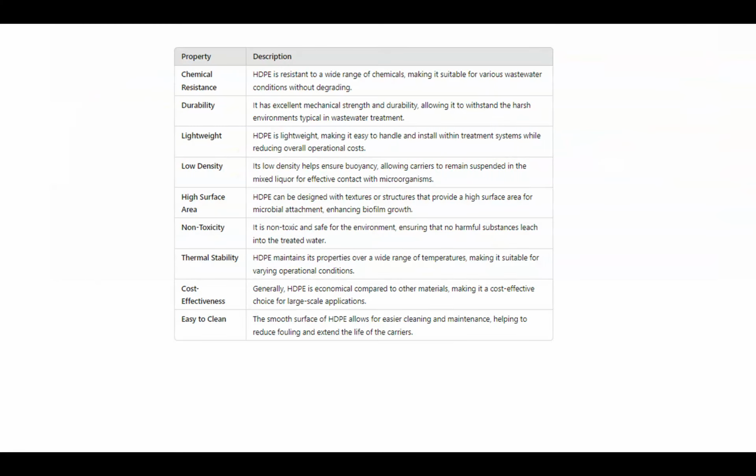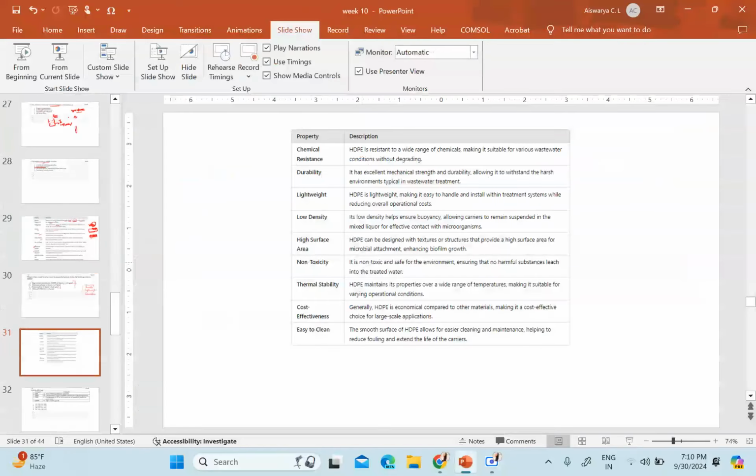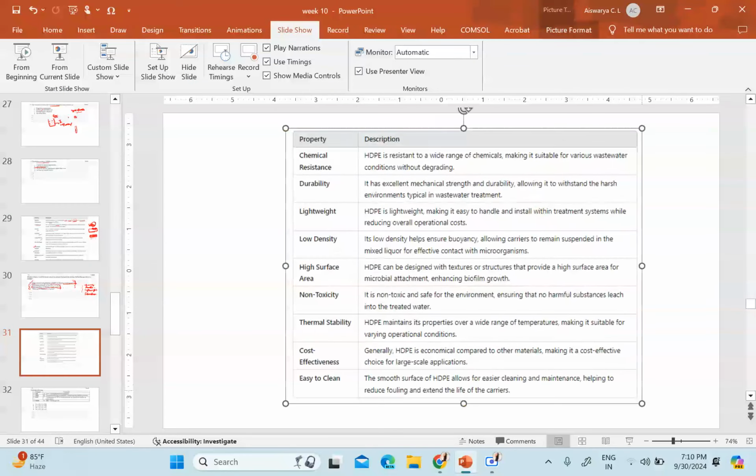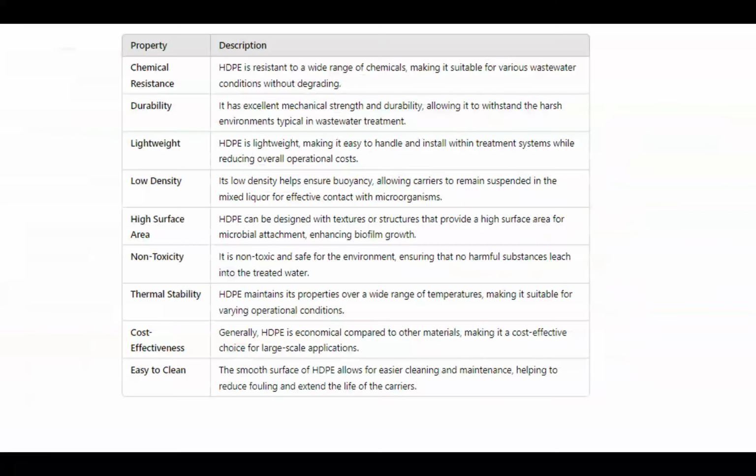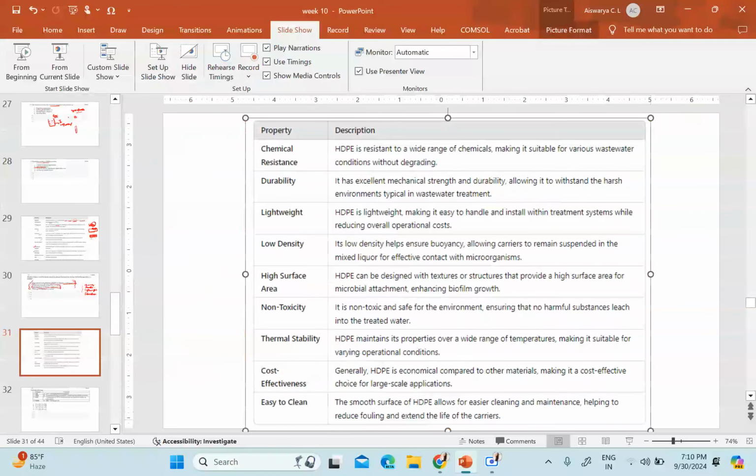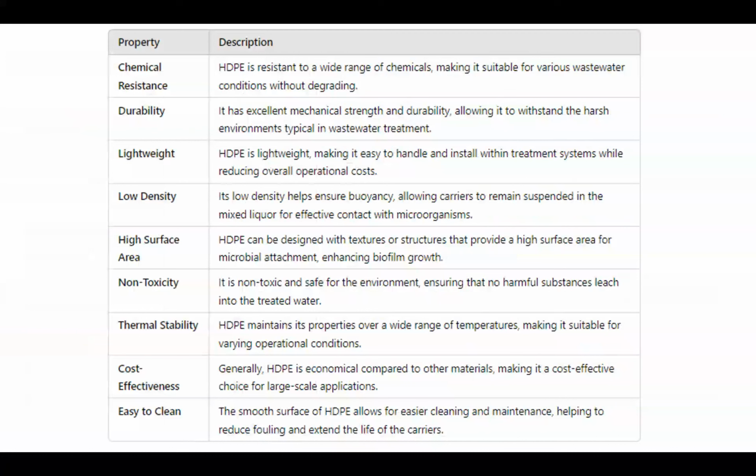Okay. Then the properties of this HDPE, you can read the benefits of using it. It is chemically resistant: HDPE is resistant to a wide range of chemicals, making it suitable for various wastewater treatment. And it is durable, with good mechanical strength.